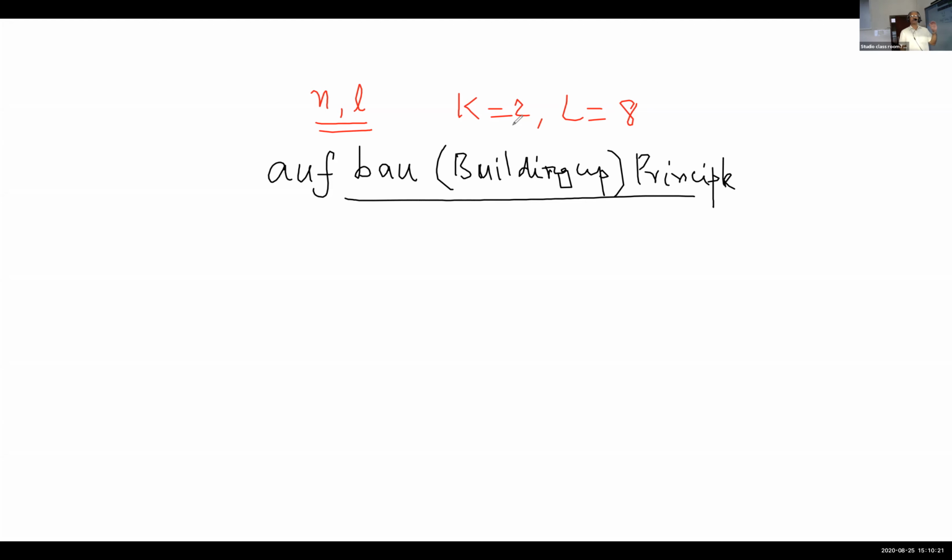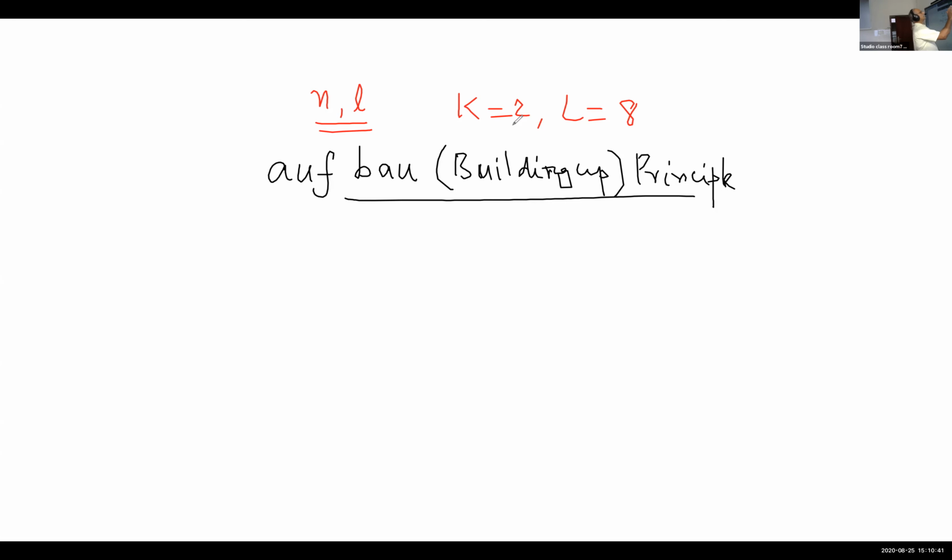According to this principle, in the ground state, the normal state of atoms, the orbitals are filled in the increasing order of their energy.